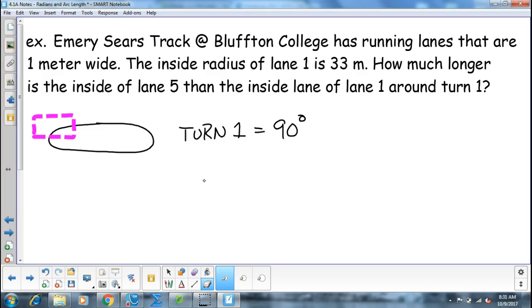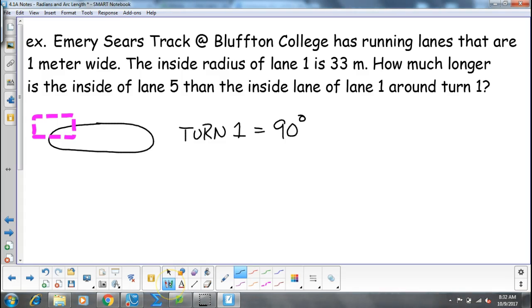In terms of radians, how many radians is 90 degrees? Pi over 2. So that helps us out here with turn 1.